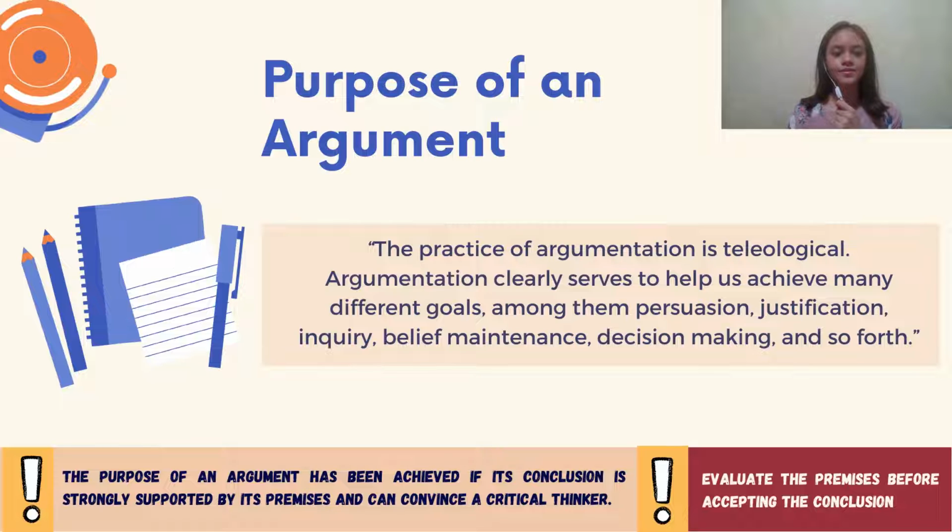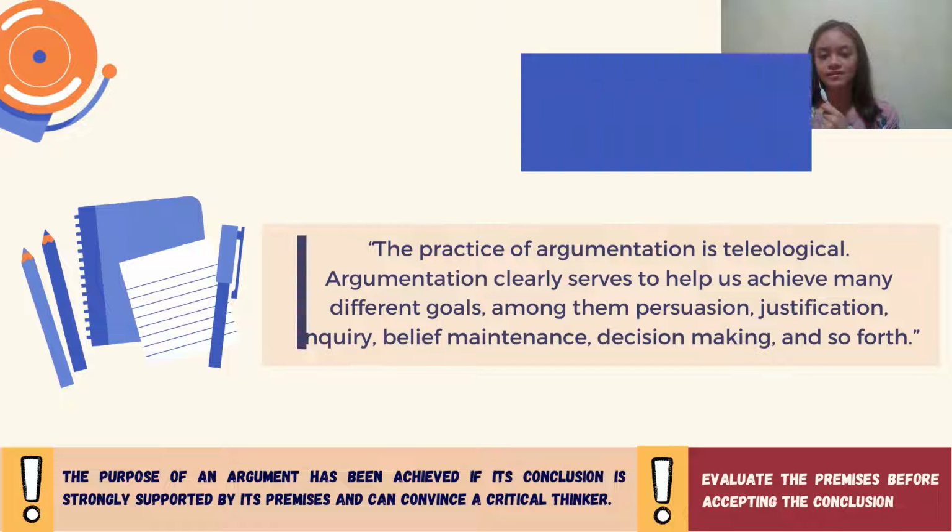This means that the purpose of an argument has been achieved if its conclusion is strongly supported by its premises and can convince a critical thinker. We must also take note that as critical thinkers, unless the premise is very strong, we must evaluate the premises in support of the conclusion first, before accepting the conclusion of any argument.